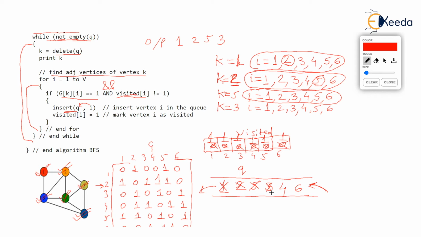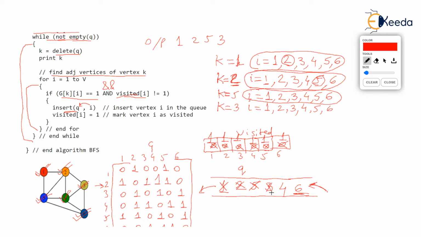Observe how important it is to mark vertex 6 as visited, although it is not yet printed, but 6 is waiting in the queue. Observe 6 in the queue. So 3 has adjacency to 6, but it was so important that we marked 6 as visited, saying that okay, 6 is now in the queue. Wait.